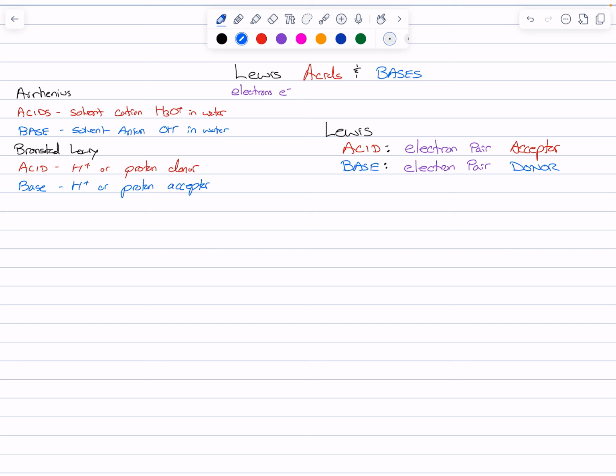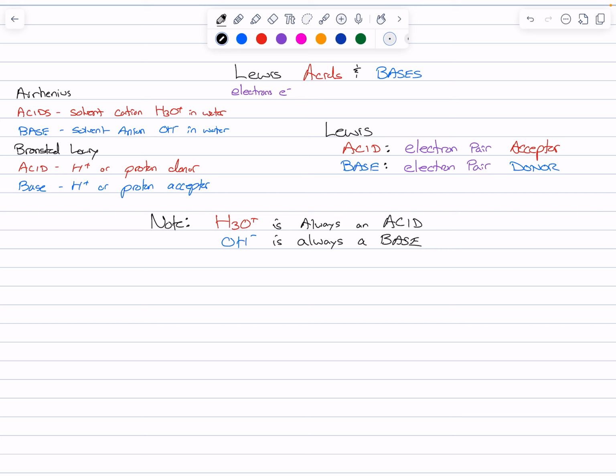Just so you know, note, before we even get examples, hydronium is always an acid, and hydroxide is always a base in our class.